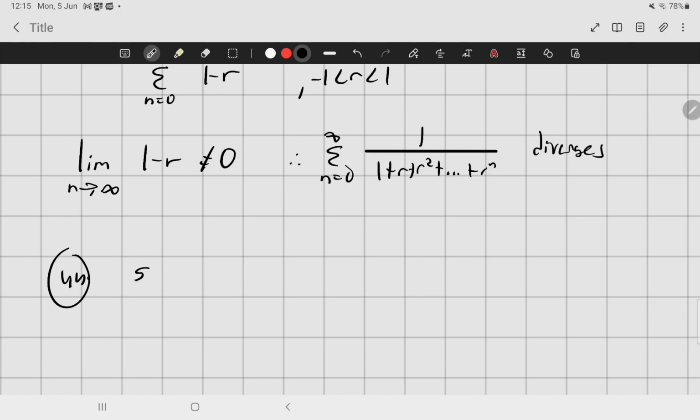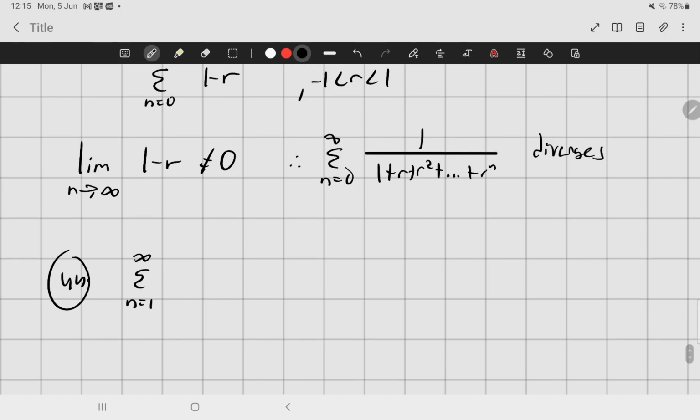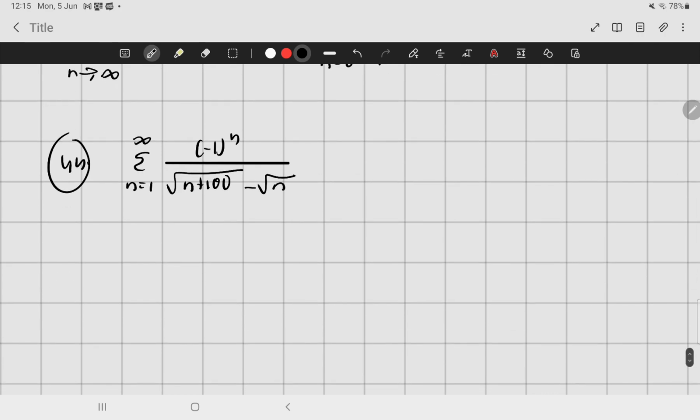We are given an alternating series, and then we have the square root of n plus 100 minus the square root of n. So I'll be taking the absolute value, and then we are left with the following.